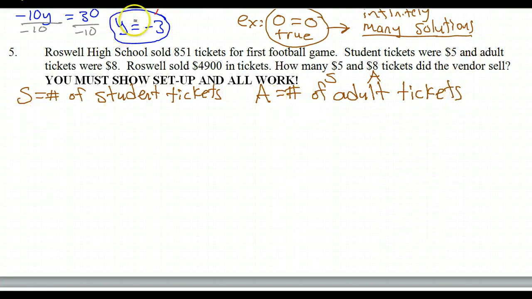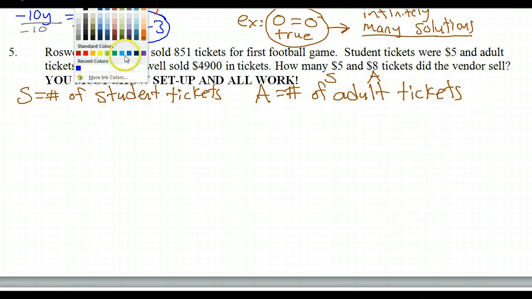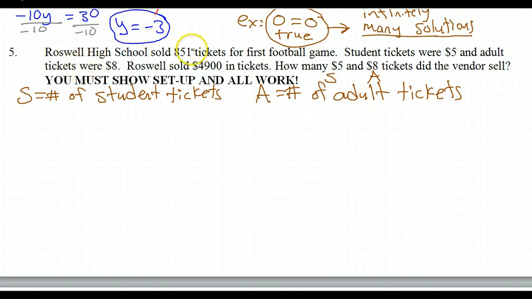All right, now we need to write some equations. Well, the first equation comes right from here, 851 tickets. Well, that's the total number of tickets. Some of them were student tickets, some of them were adult tickets, but altogether, that's got to be 851 tickets.